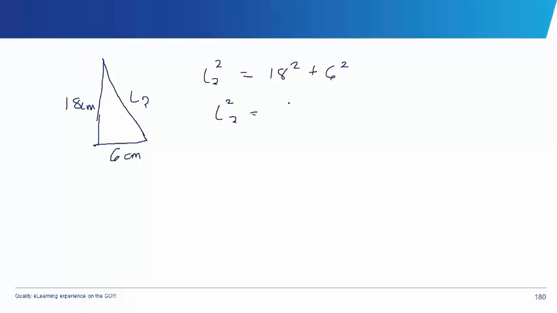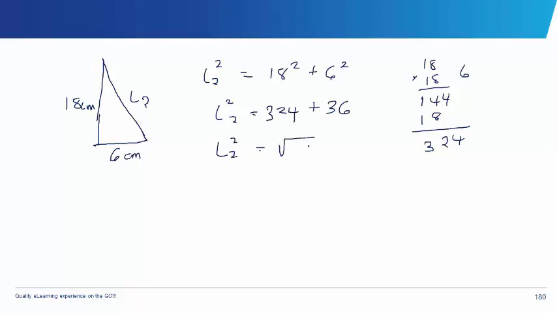to 18 squared plus 6 squared. 6 squared is 36, and then 18 squared you can quickly do: 18 times 18 is 324. So L2 squared is equal to, when you add both numbers, 360.